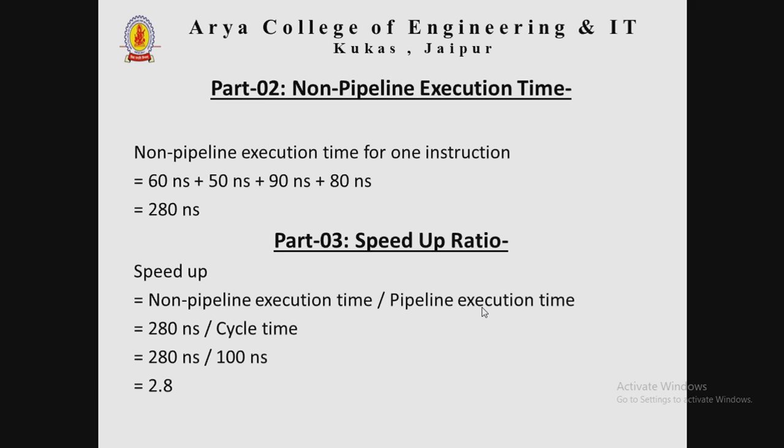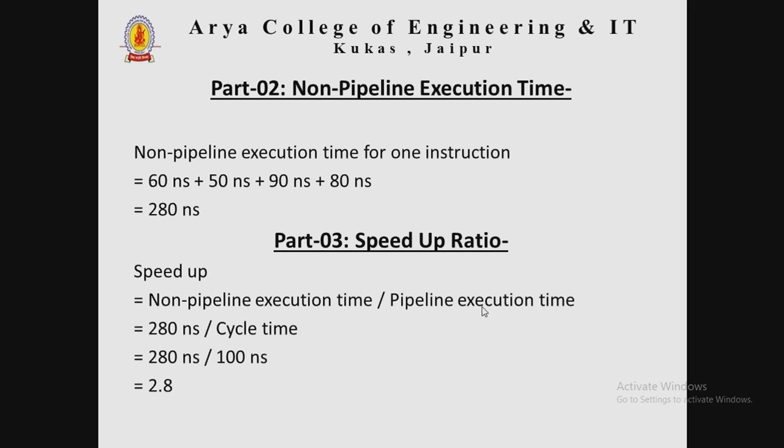We move to the second part. The non-pipeline execution time for one instruction is 60 ns plus 50 ns plus 90 ns plus 80 ns, which results in 280 ns. Moving to the third part, calculating the speed up ratio. Speed up equals non-pipeline execution time divided by pipeline execution time.